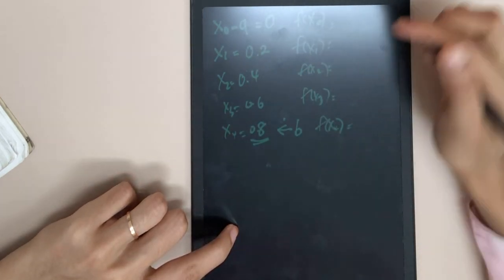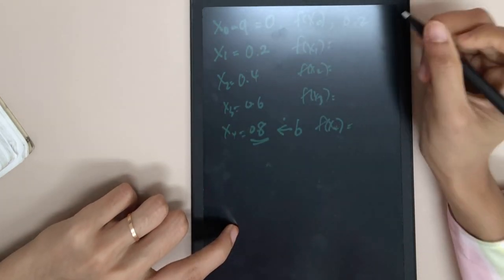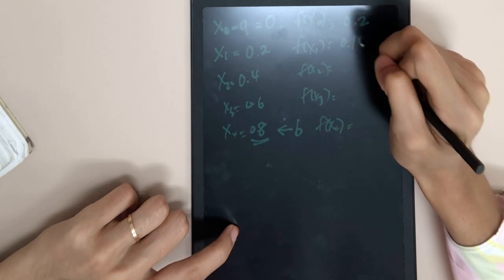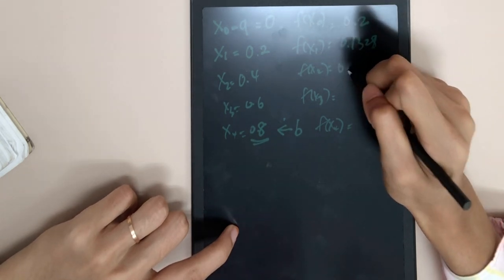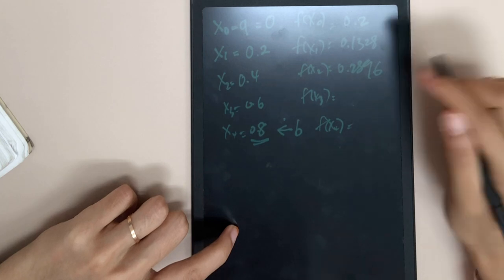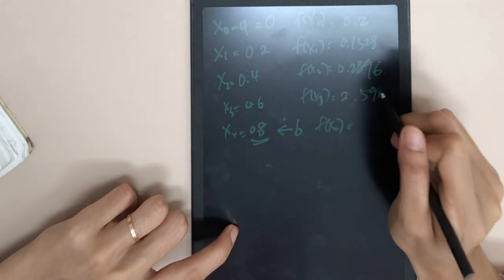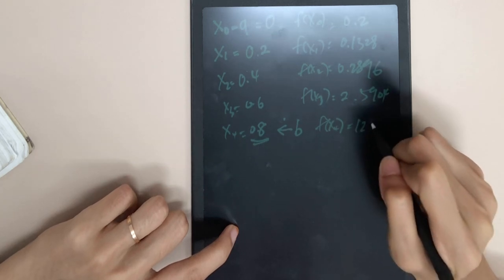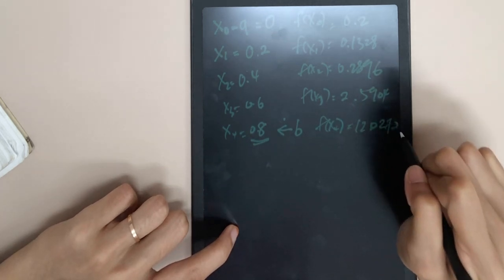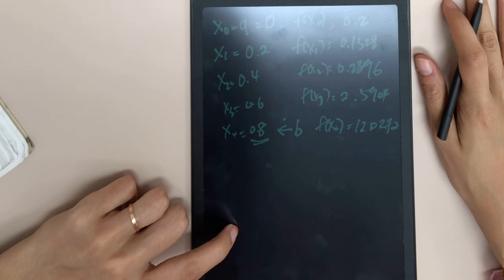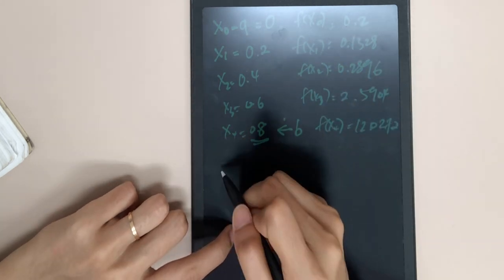Complete this one, and you will get 0.2, 0.1328, 0.2896, make sure up to 4 decimal points, 2.5904, and the last one is 12.0272. Done.